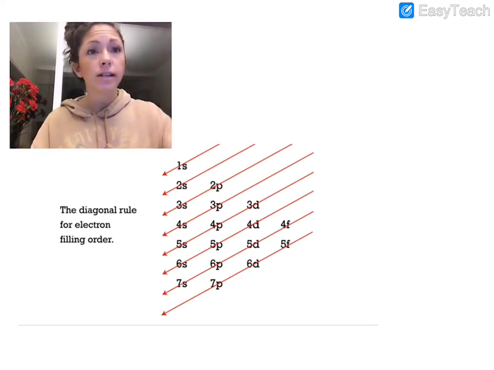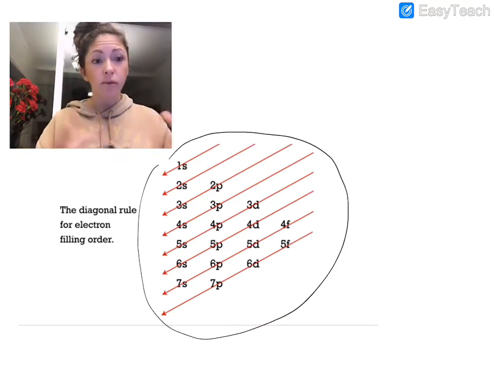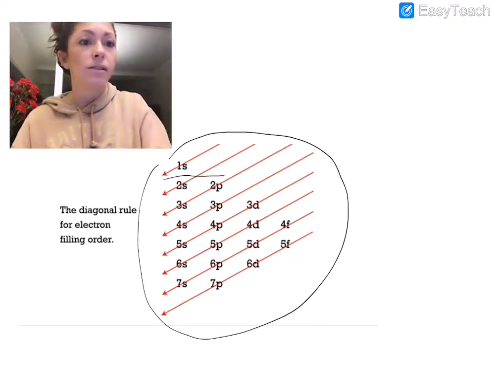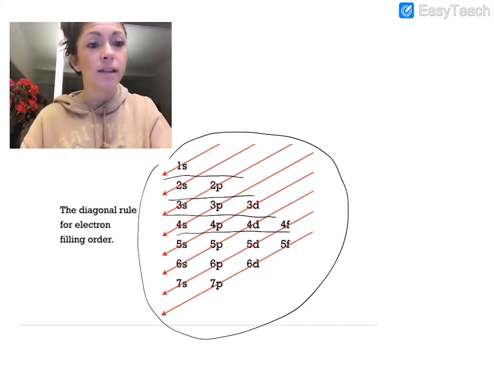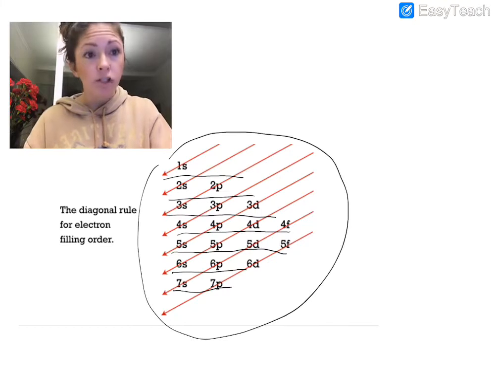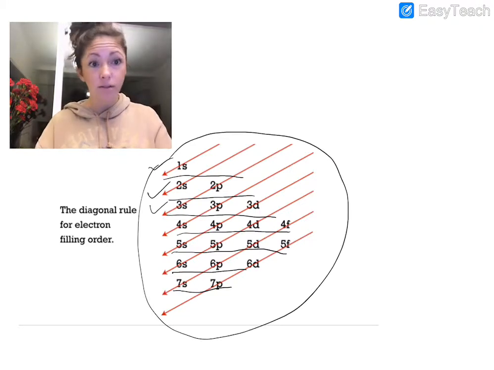So I showed you guys this yesterday. This is the electron sublevel fill order diagram. I've had this on the board this week, and last week, and yesterday. These are your sublevels, or excuse me, your energy shells. You've got energy level 1, energy level 2 with the 2s and 2p, energy level 3 with the 3s, 3p, and 3d.